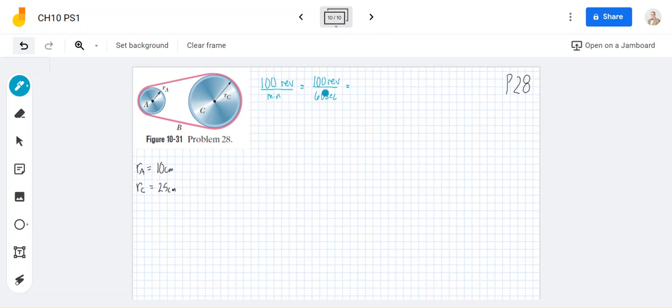So we can make the second change also. We know one revolution is 2 pi radians. So I'm going to say 100 revolutions times 2 pi, still divided by my 60. This is going to give me my angular speed in radians per second.